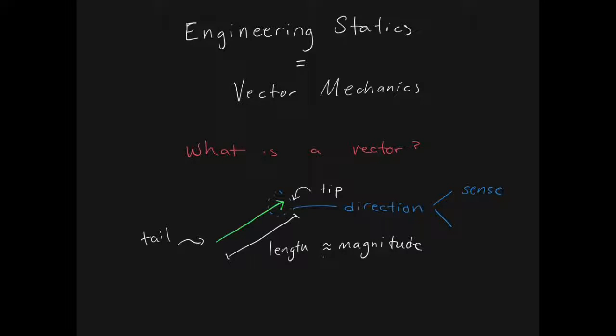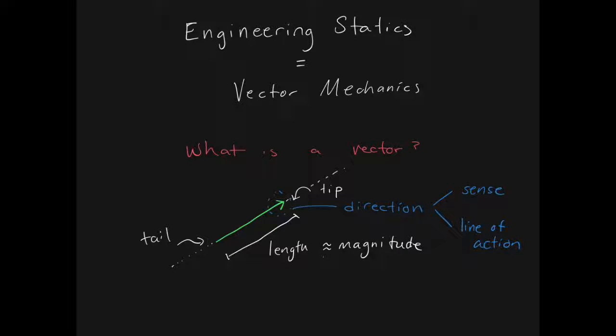The other part of the direction is called the line of action. So what we normally think of as direction is split into these two components: the sense, designated by the arrowhead, and the line of action, an imaginary line that passes collinear along the same line as that vector.